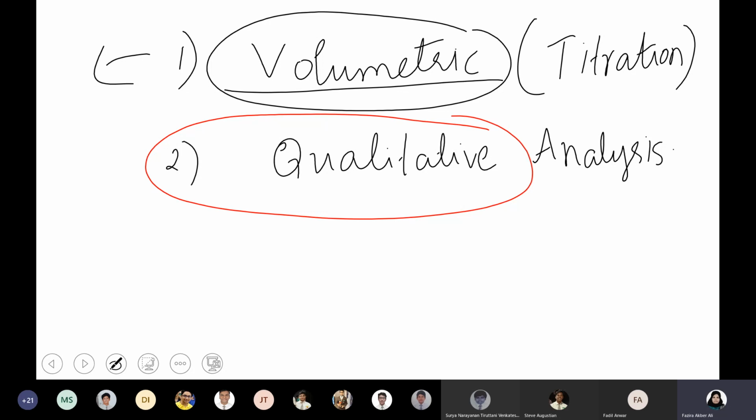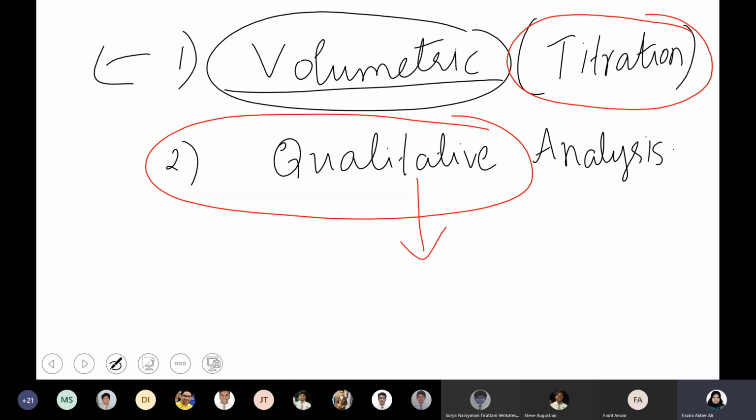There are many classifications and subdivisions, but basically we are looking into titration for our quantitative analysis. In qualitative analysis, again, it can be many things, finding a polluting substance in a gas, or detecting adulteration in food.